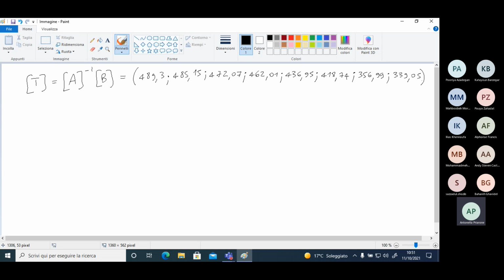Now, heat flux for unit length of my column is 2h... yes, I can write directly here 500 because it's better.